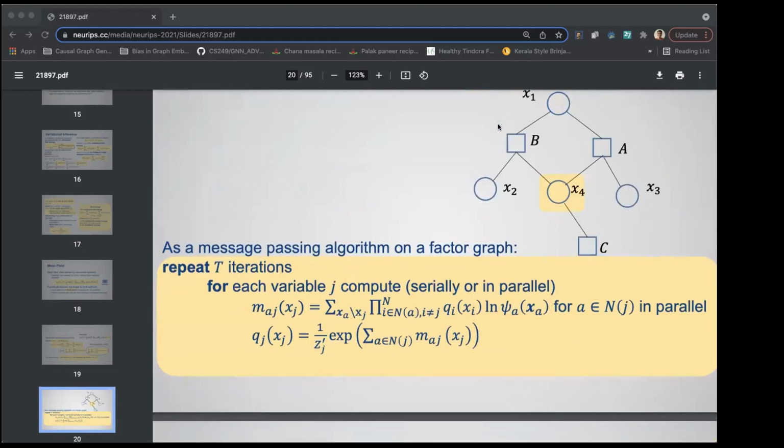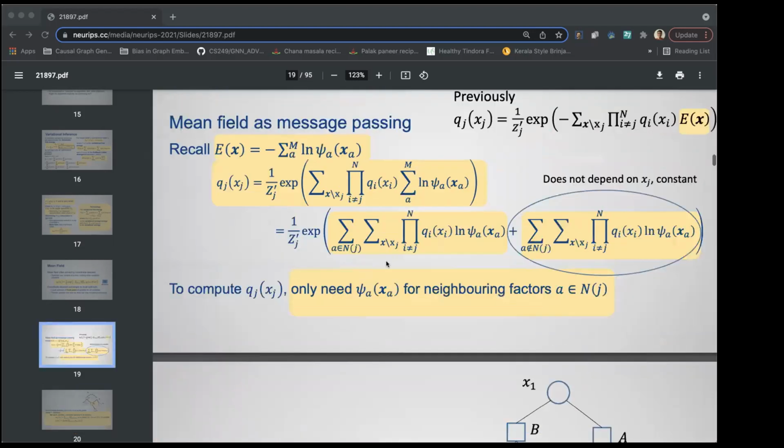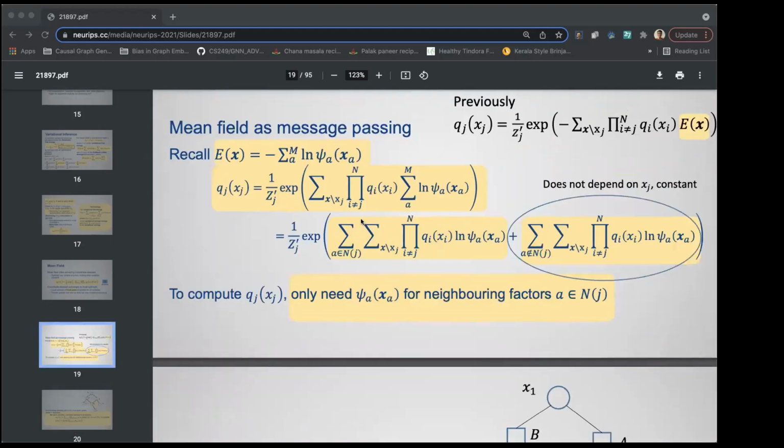And then we take this message and sum over all the factors. And then we can get this Q(Xj). So again, just to go back to how we derive this, everything from here all the way to the end is our message. We sum up over all the neighbors, and then we can compute Q as 1 over Z times e to the power of these aggregated messages.